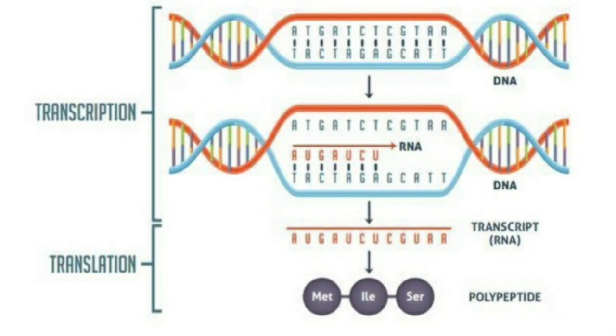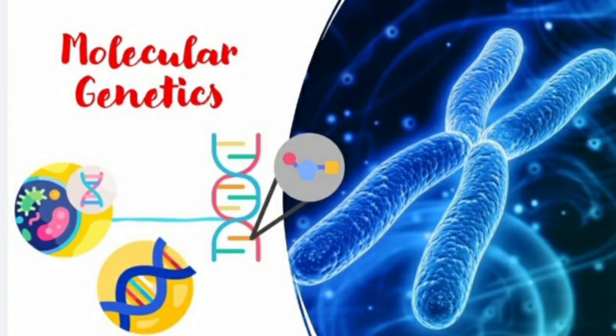So, talking about molecular genetics and biotechnology, molecular genetics focuses on the structure and function of genes at a molecular level. Techniques like gene cloning, DNA sequencing, and PCR, or polymerase chain reaction, have revolutionized our ability to study genes. Genetic engineering involves modifying an organism's genetic material.